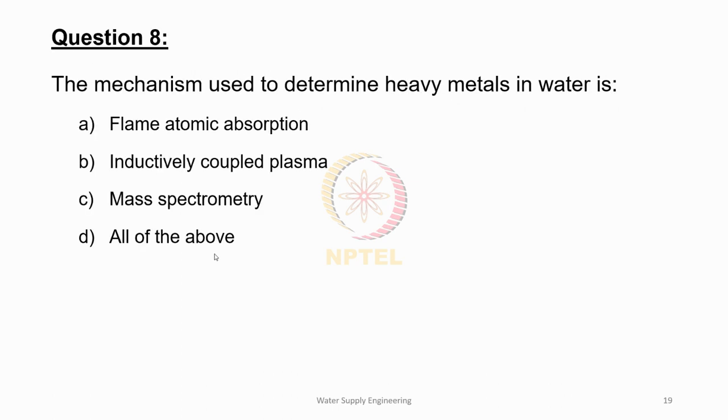Okay, so moving on to the next question. The mechanism used to determine heavy metals in water is option A, flame atomic absorption, option B, inductively coupled plasma, option C, mass spectrometry, option D, all of the above.